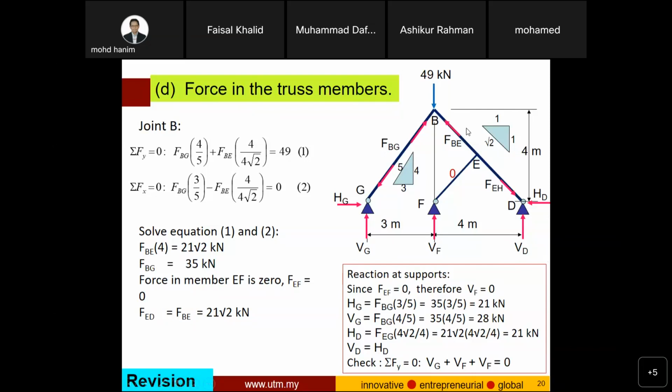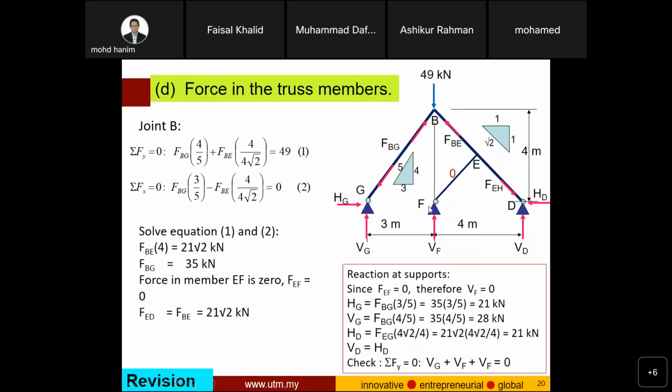Then, can we move further? Once you have this, then you can go here. And what happens at this one? You see, there are 3 members meeting at point E. There is no external load, and 2 members are collinear. Collinear means on one line.